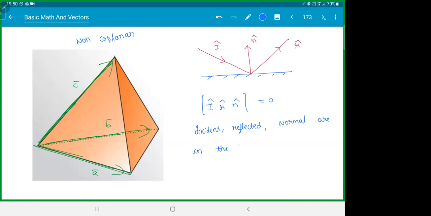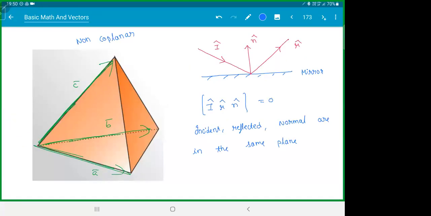So these are coplanar vectors. The tetrahedron is non-coplanar, while the light ray hitting a mirror is planar. Do check it out. Any doubts on this?